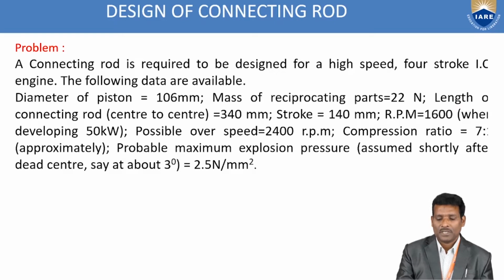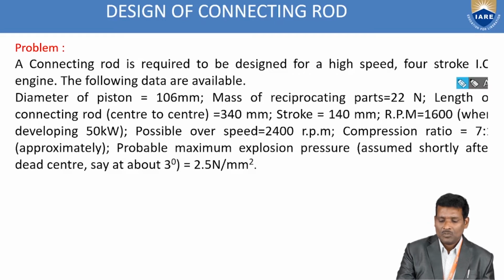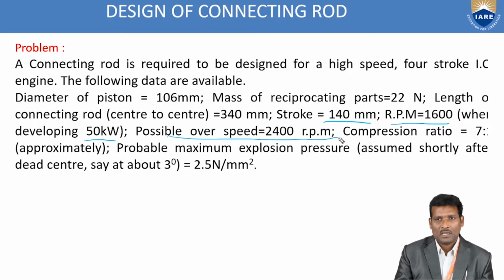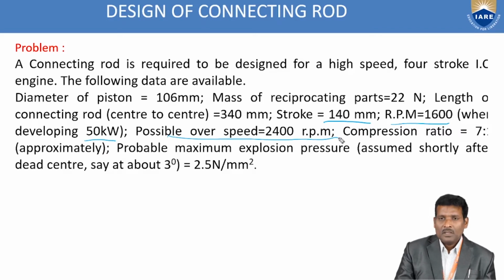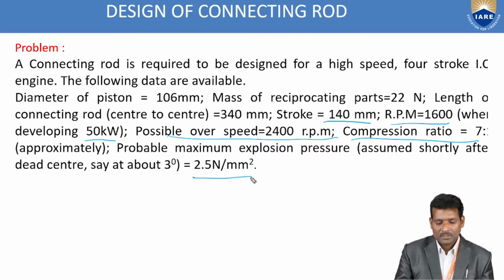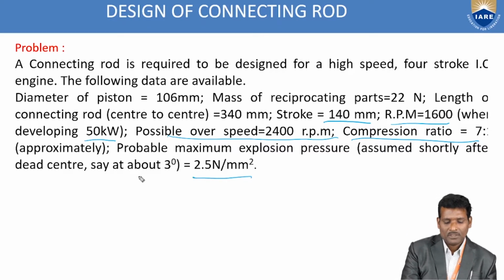Stroke is 140 mm and speed is 1600 RPM, developing 50 kilowatts, and the possible overspeed is 2400 RPM. The compression ratio is 7:1. The probable maximum explosion pressure is 2.5 Newton per mm square.